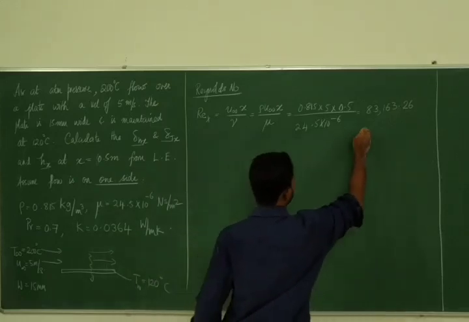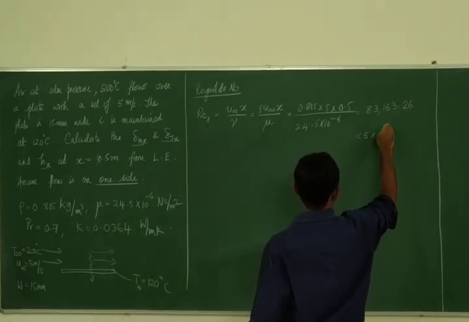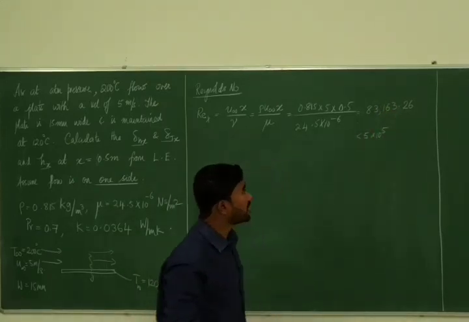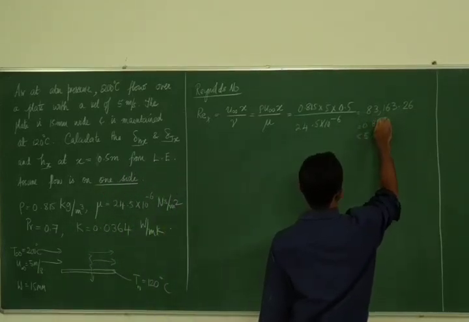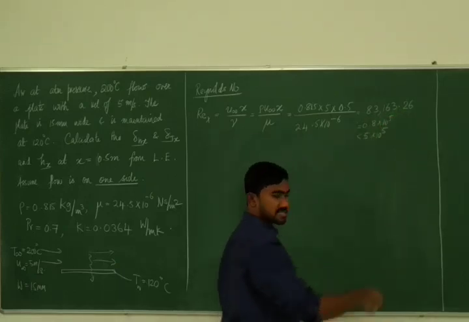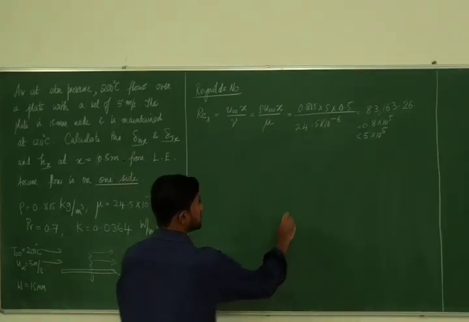It's clearly less than 5 into 10 power 5. That's going to be 0.8 into 10 power 5, clearly less than 5 into 10 power 5. So the flow is laminar.